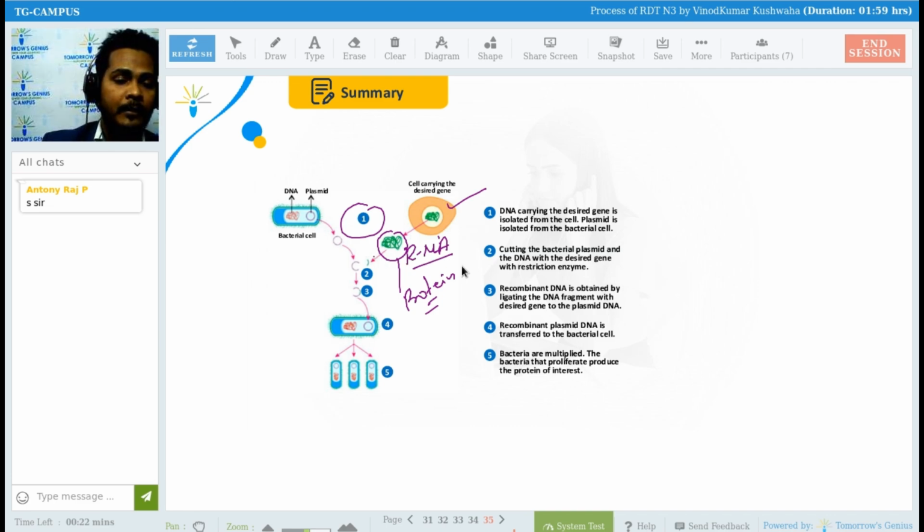You make a cut using restriction endonuclease enzymes, and insert that piece into the bacterial plasmid. It becomes our recombinant plasmid, and you insert this plasmid into the bacteria. When the bacteria multiply, you get n number of resistant bacteria capable of producing your desired gene. This is the complete process of rDNA technology that we have studied. We also studied the downstream process and bioreactors, which is very basic, so you know it very well.